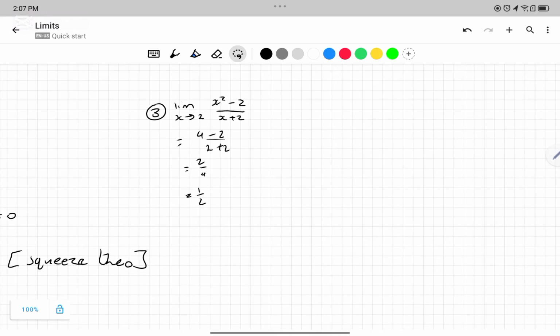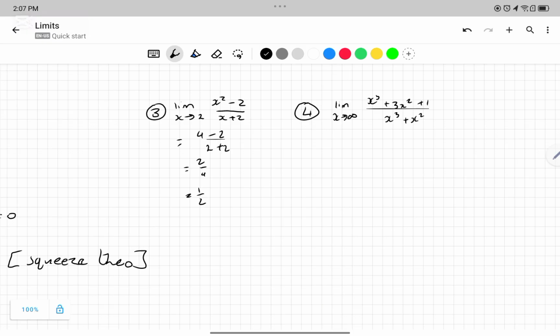And moving on to the next question, we have number 4. Limit as x approaches infinity, x cubed plus 3x squared plus 1 all over x cubed plus x squared. So what I predicted is 0, right? But it's not quite 0.